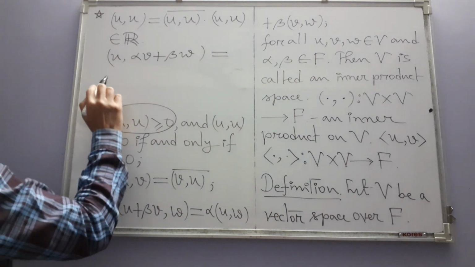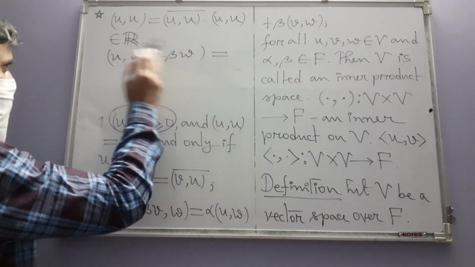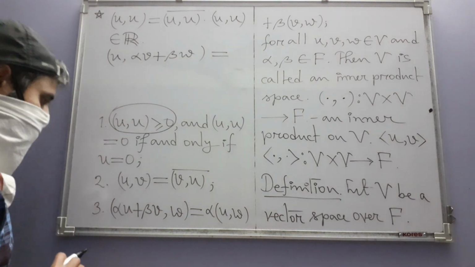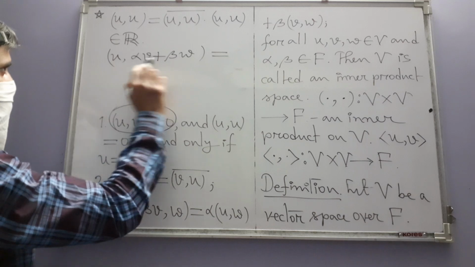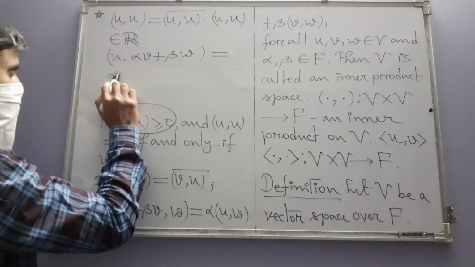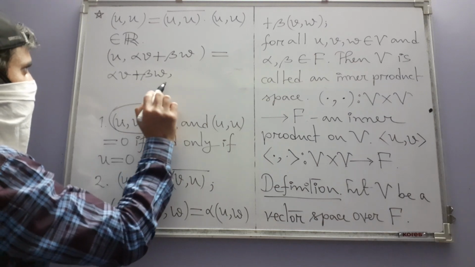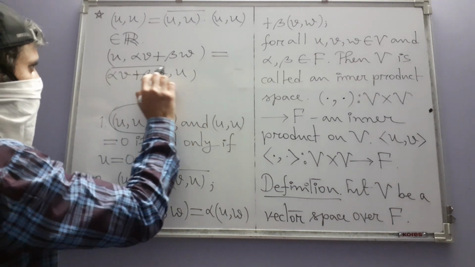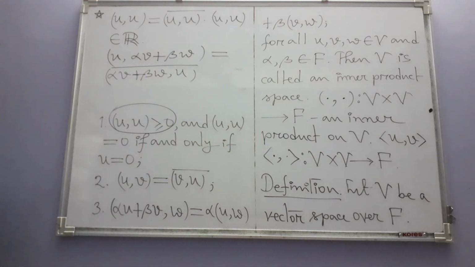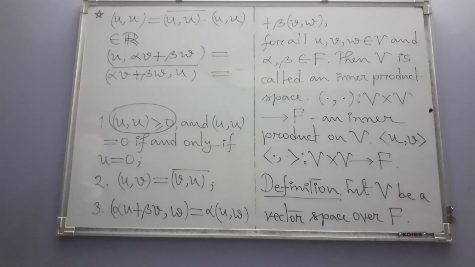So then all we can do here is that we can interchange the vectors, but when we do that we have to follow property 2. So that means in place of this, if we write alpha v plus beta w comma u, then we cannot just simply write this, but we have to put that bar. Okay.